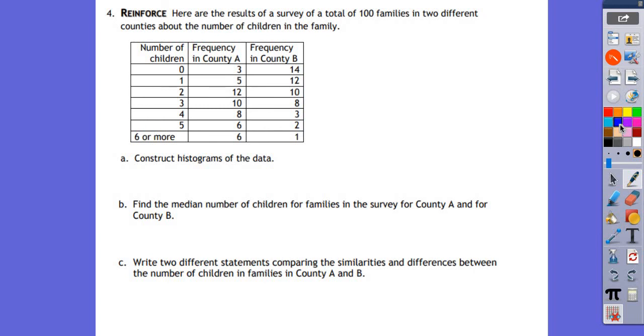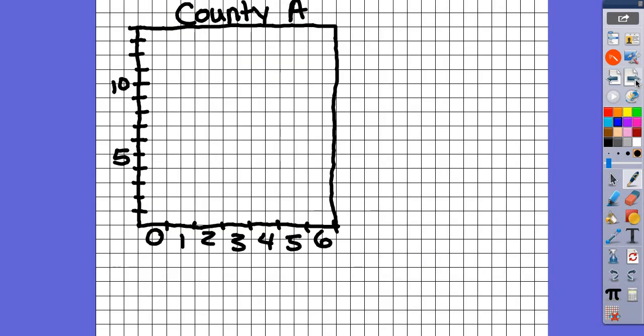County A for 0 children has how many? 3. So for 0, this whole section that's labeled 0 is going to go up to 3.